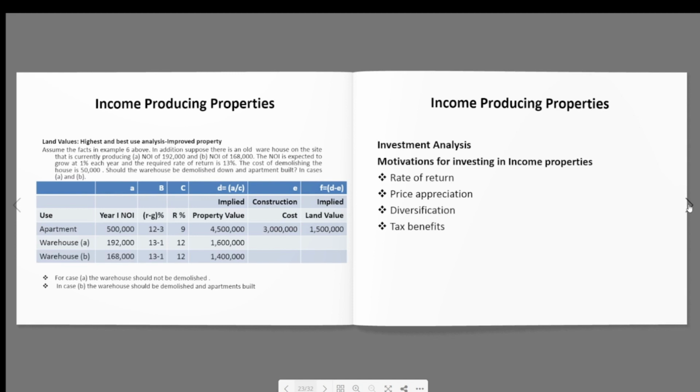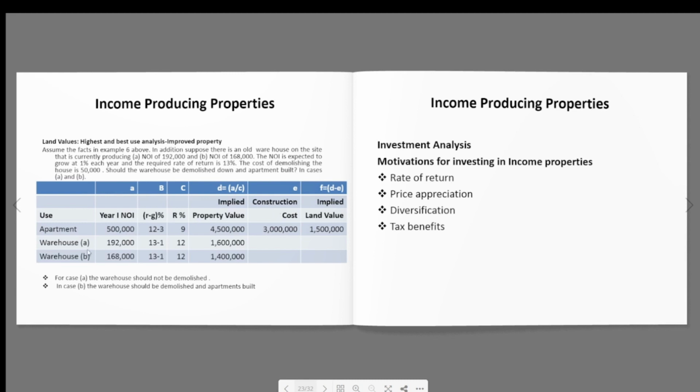So with this, we already know the net operating income, or rather the expected net operating income for the apartment, which was 500,000. And with this information, we were able to get the property value to be 4.5 million.